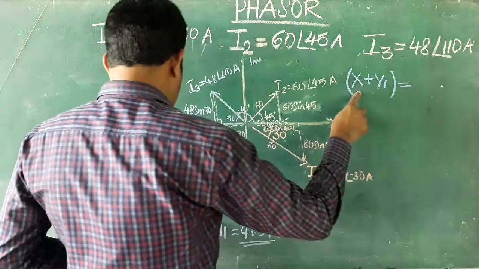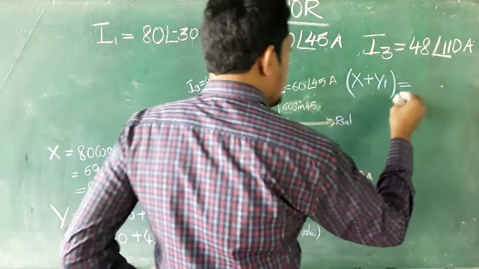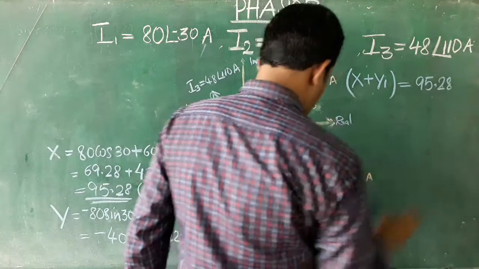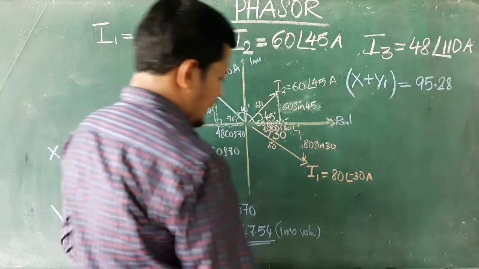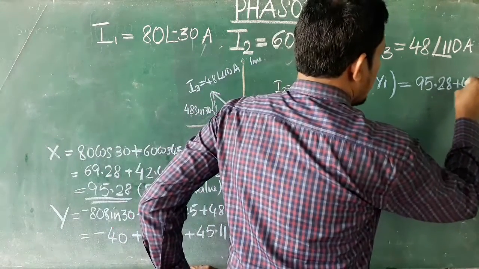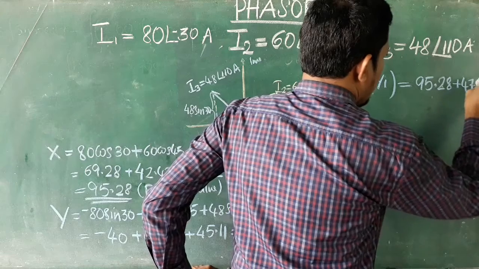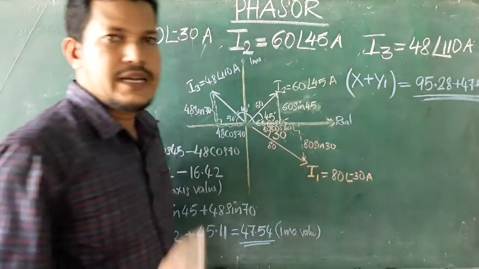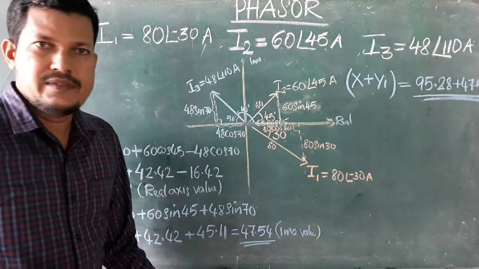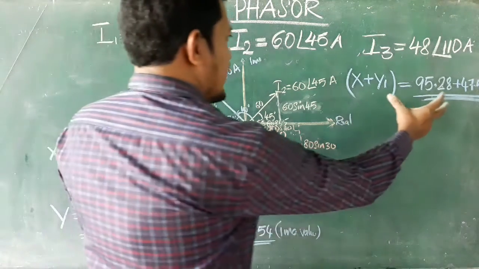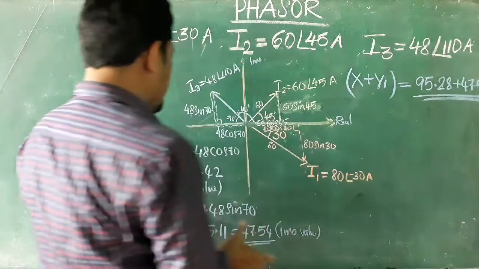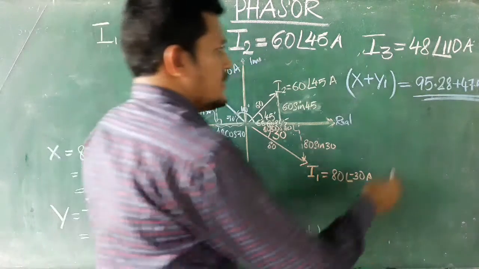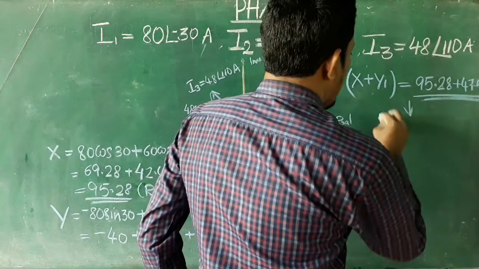So the real part is 95.28 plus 47.54i. This much is the total current in the rectangular format. Clear. We found directly the real part and the imaginary part. Next, we can convert this value into polar form.